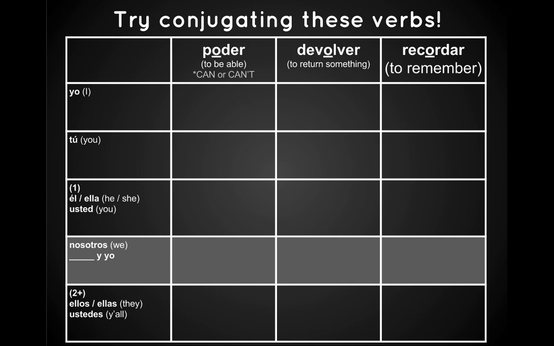Let's take a look at some other O to UE stem-changing verbs. This verb should be familiar. If you have to go to the bathroom in class, you can say, ¿Puedo ir al baño? Can I or am I able to go to the bathroom? Puedes, puede, podemos, pueden.